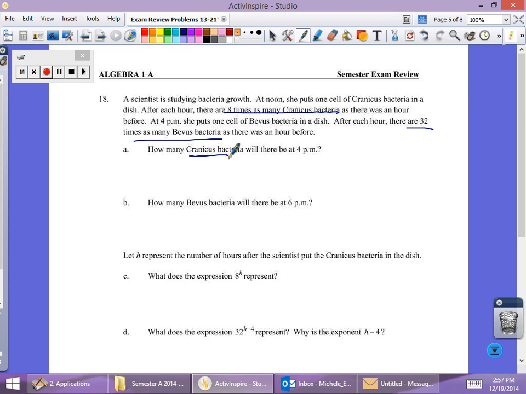Well, what did it say we were starting with? We're starting with one cell. It's times 8 each time. And when it's times 8, that means it's 8 to the h power.